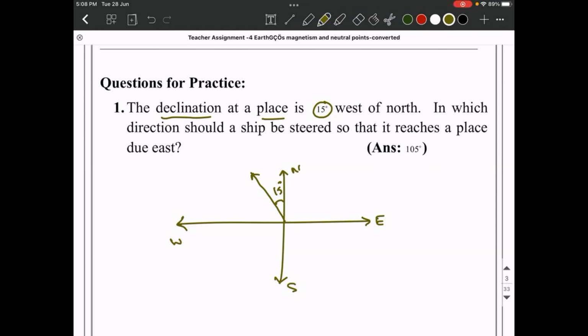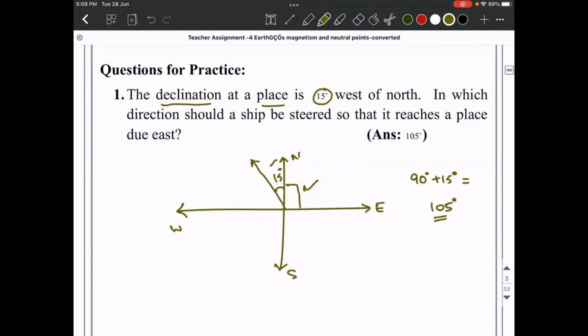So if it has to reach east, it is not 60; it is 90 plus 15 degrees, which is 105 degrees. Is it not like the zero error which I explained yesterday? So there is an error, and due to that error, if they want to go to the east, they need to steer it in a particular direction. Is it clear? Next.